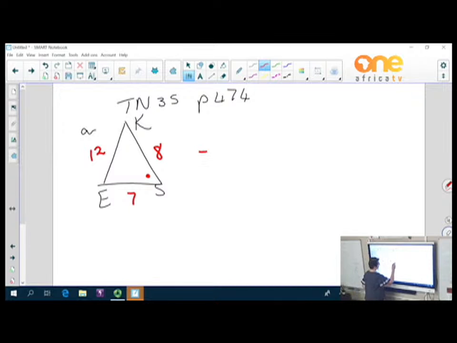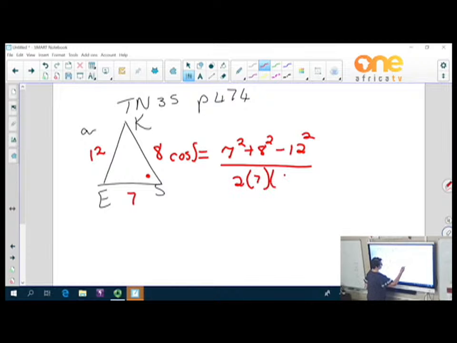So this time I can say that cosine S is equal to, this is the one that I must subtract, so it is 7 squared plus 8 squared minus 12 squared over 2 times 7 times 8. Now, we'll do it in the first place step by step.